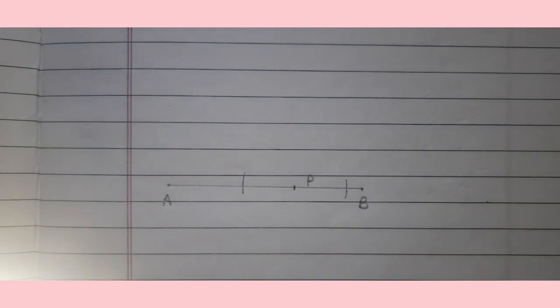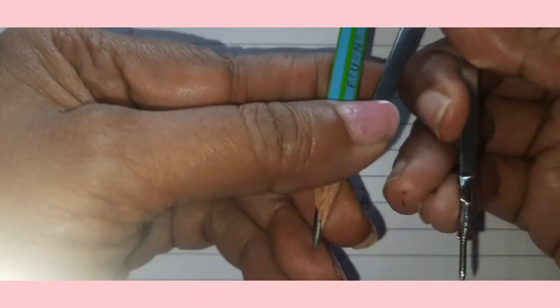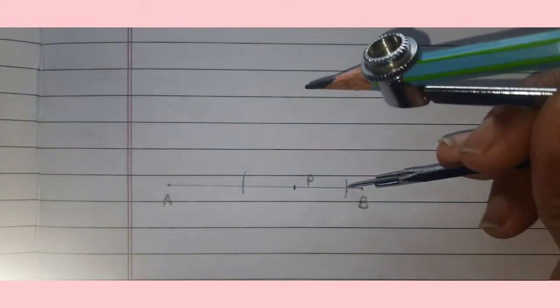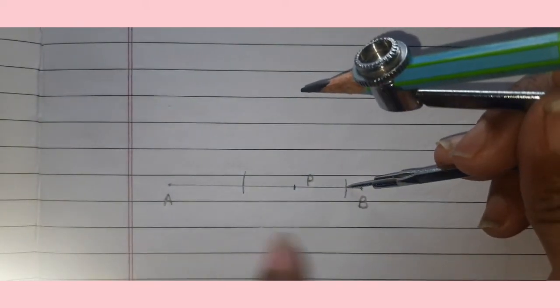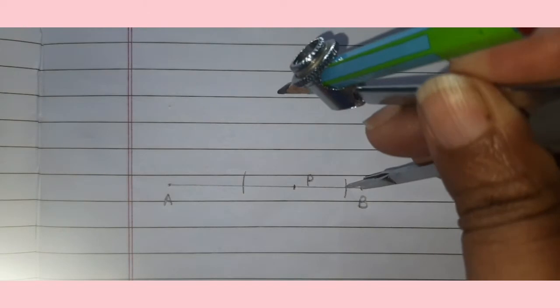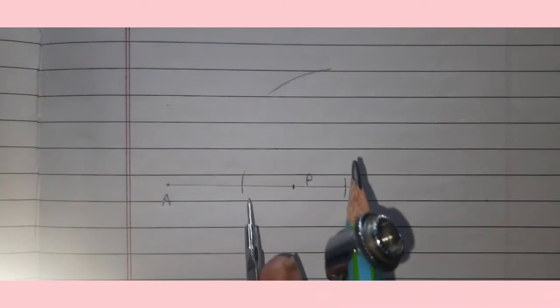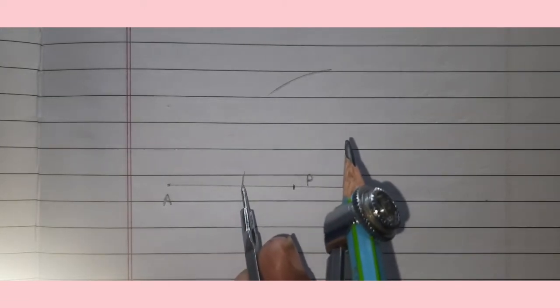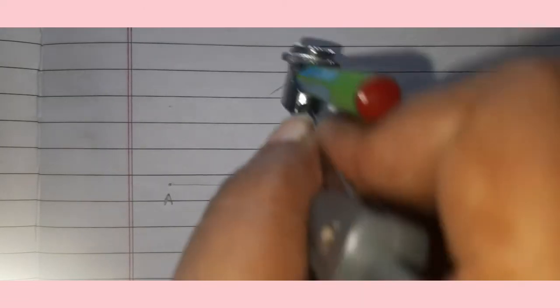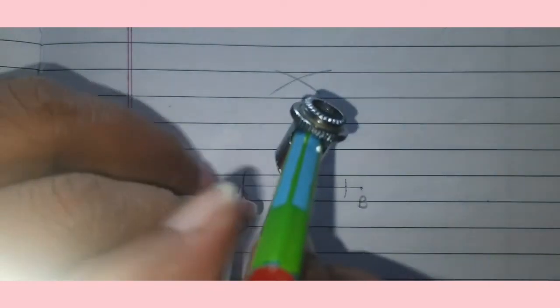And after that, just increase the length of the arc and keep the pointer on the arc wherever you have drawn on AB. First arc, and draw an arc above the line segment AB and below the line segment AB. After that, keep the pointer of your compass on the other arc which is drawn on line segment AB and intersect the previous arc.